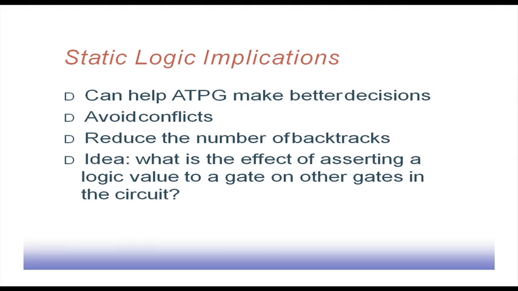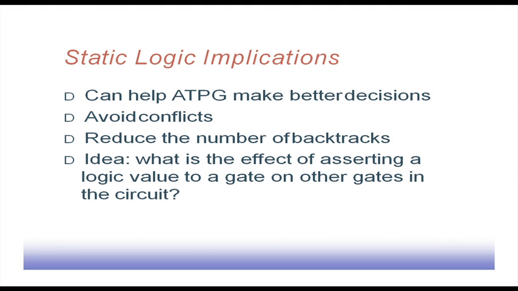Now, apart from these test generation algorithms, there are certain procedures which help in the test generation process. There are certain techniques introduced into this process so that ATPG algorithms can be made faster. The first one in that category is static logic implication.